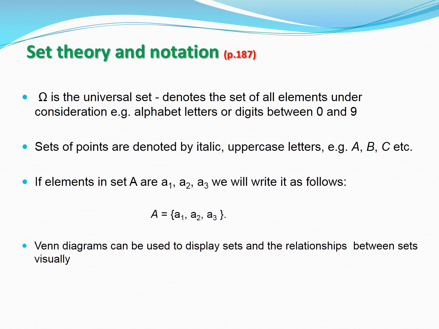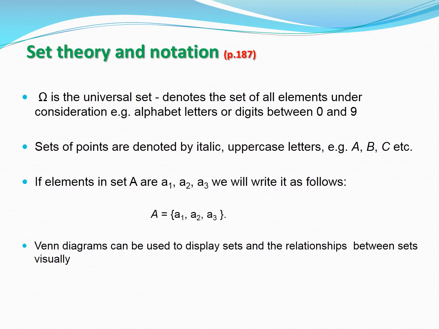Then sets within the universal set are points, and they are denoted by italic uppercase letters, for example A, B, C. Then we can list the outcomes or the elements within a set.